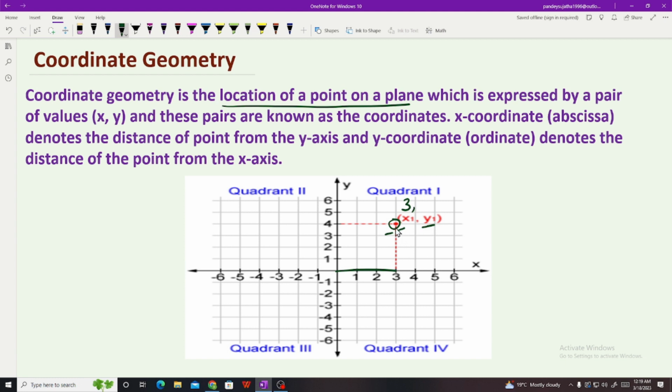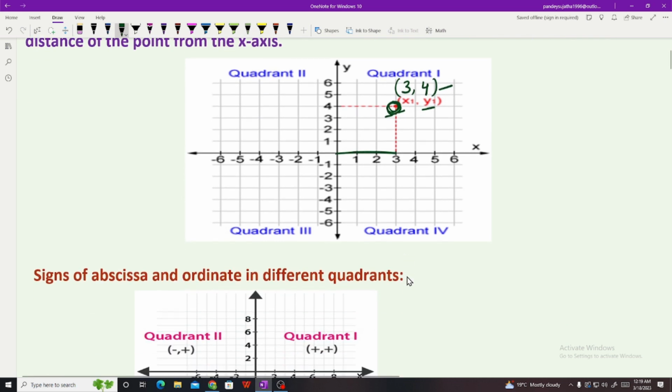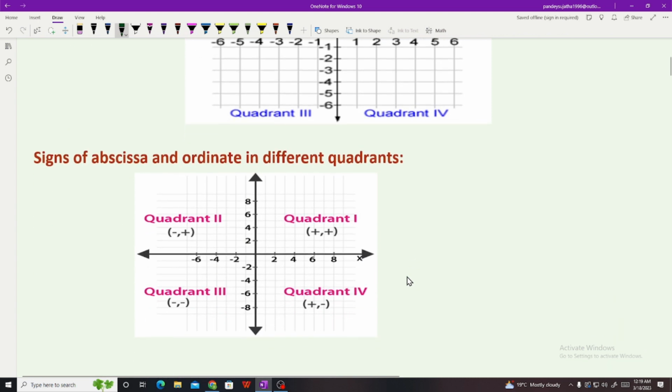Here the distance of this point from the x-axis is 4 units, so the value of the y coordinate is 4. So the coordinates of this point are 3 and 4.